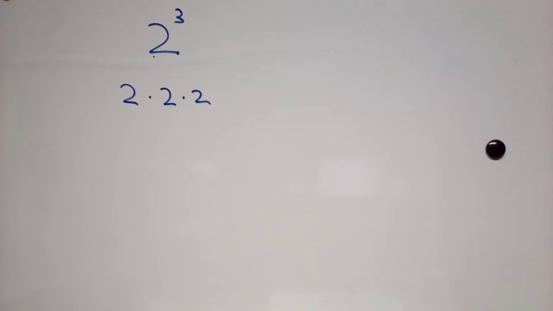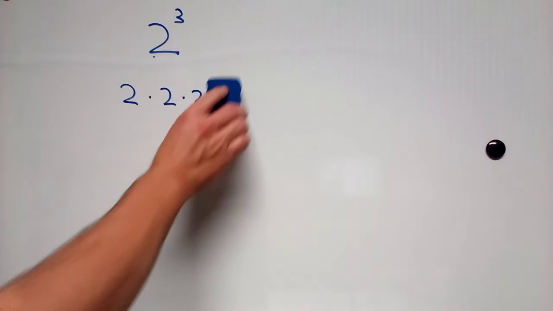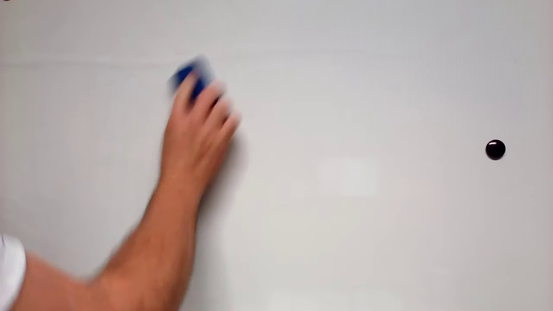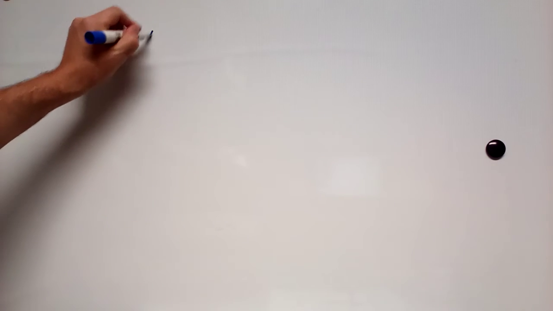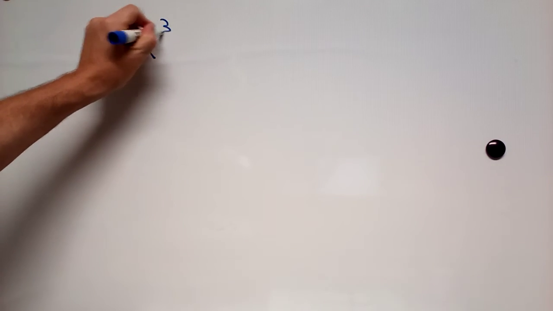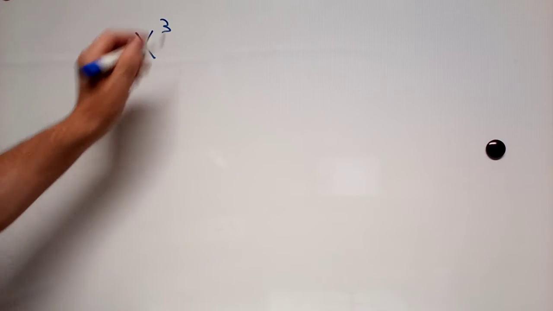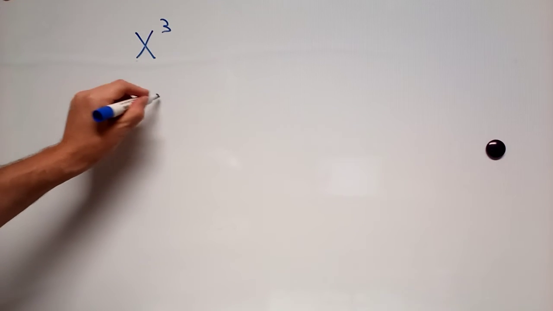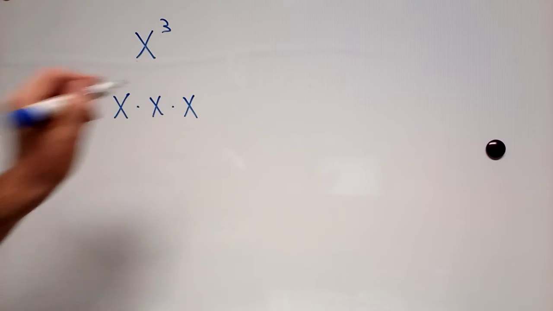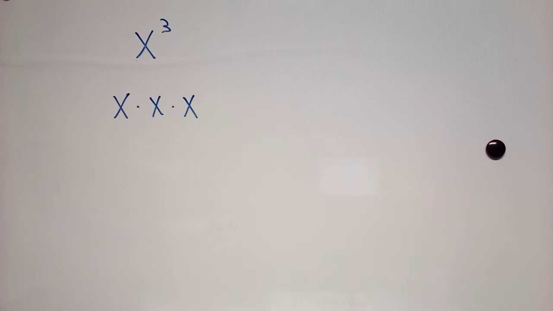Well, when we do variables, we can do that the same way. If I take an x and raise it to the third power, that's the same as x cubed, which is the same as x times x times x. So exponents work the same way with variables as they do with numbers.